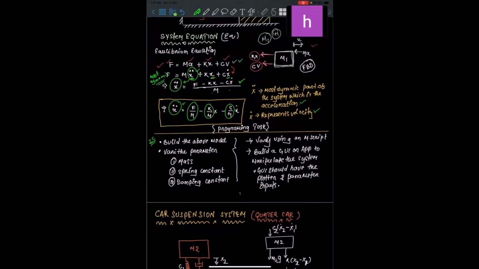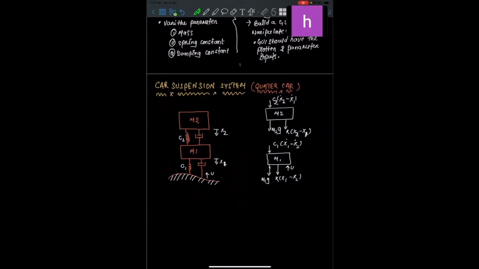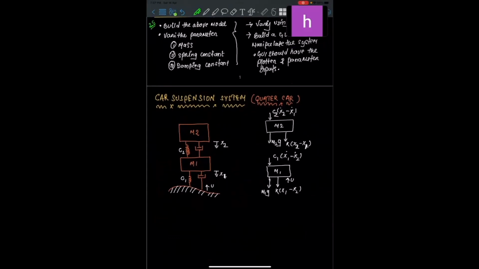This will be a basic one, based on your existing knowledge. This is a suspension system for a car. This represents the vehicle body, and this represents the vehicle tire.